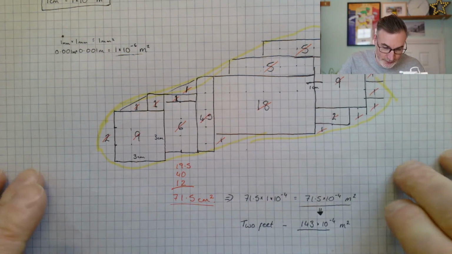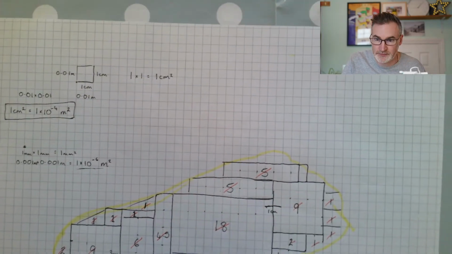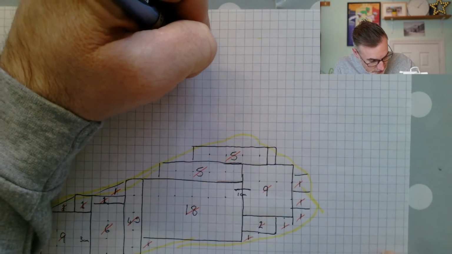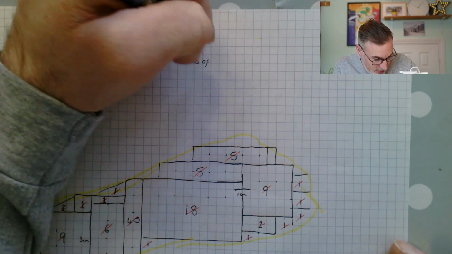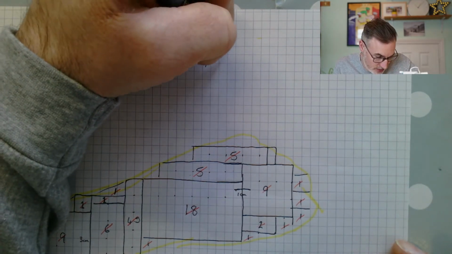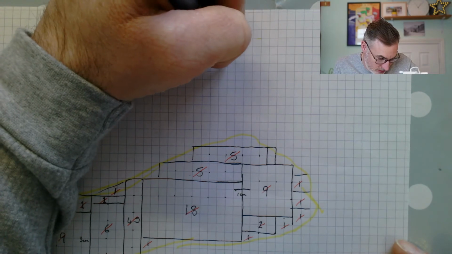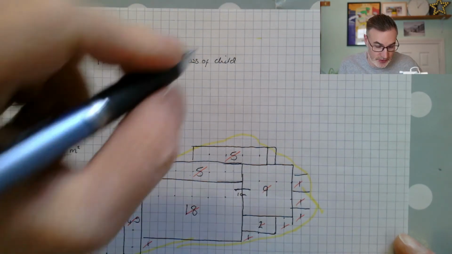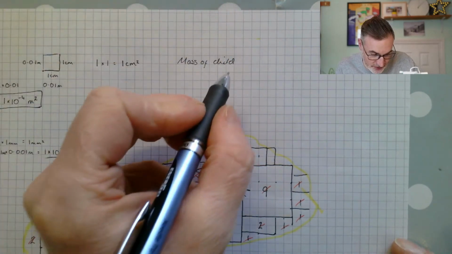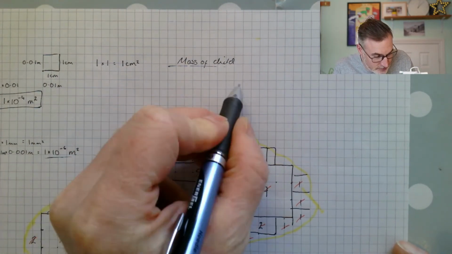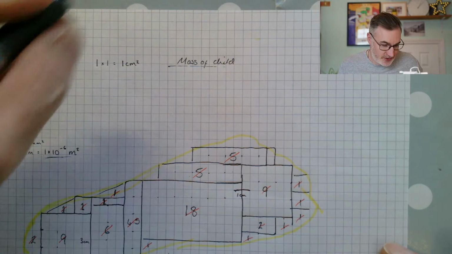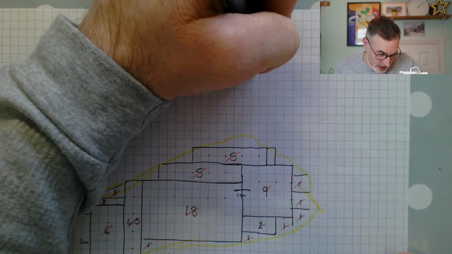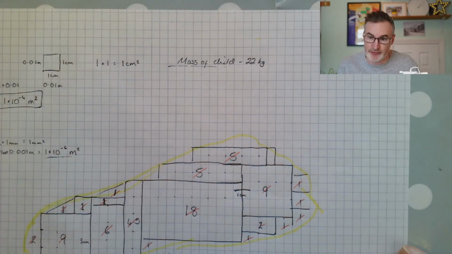All right, cool. Now, mass of child. Should we call her child? Yes, mass of child. So mass of child, I have it on good authority that she is 22 kilograms.